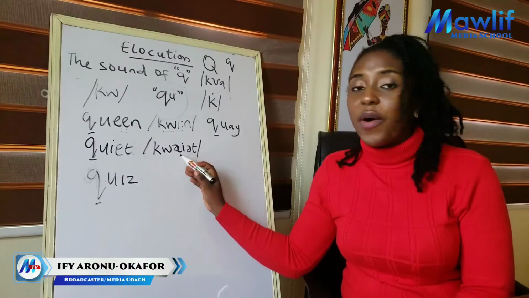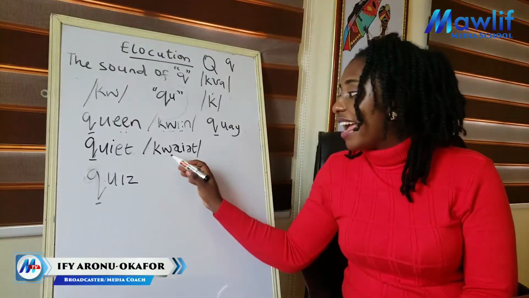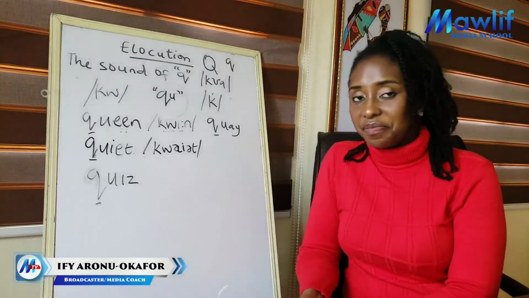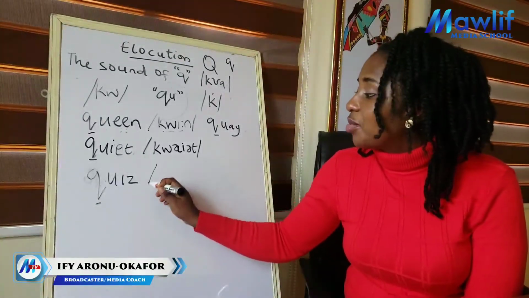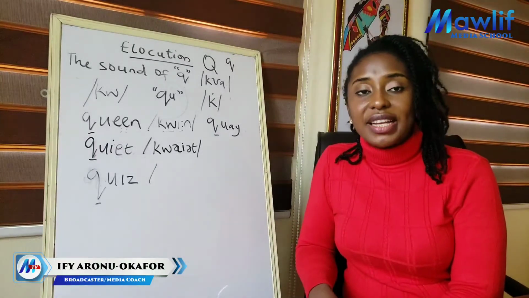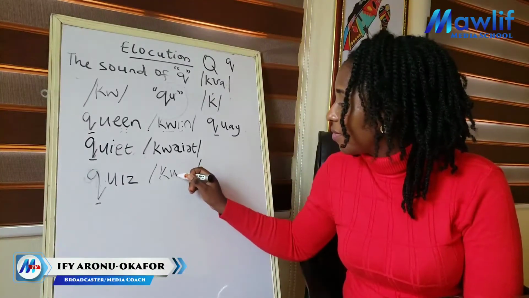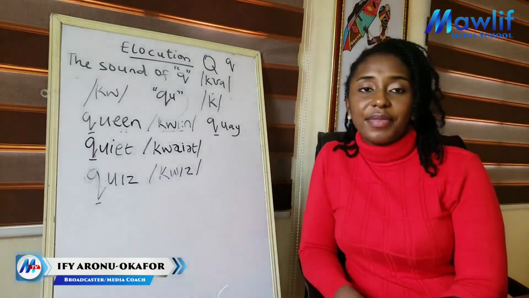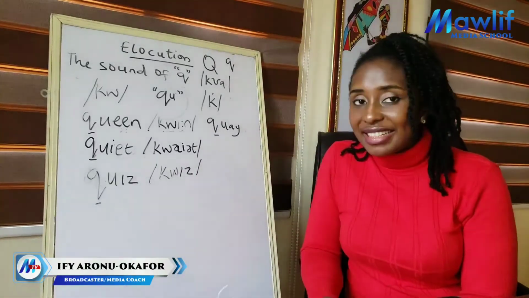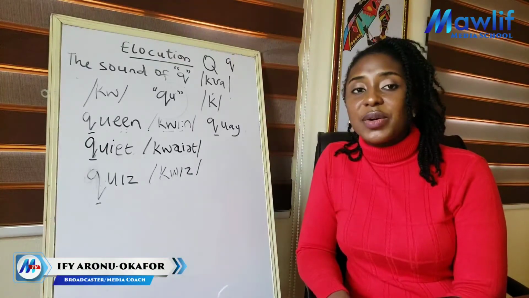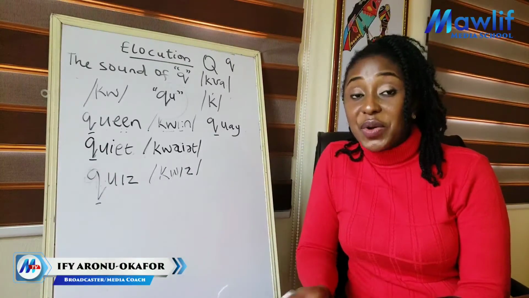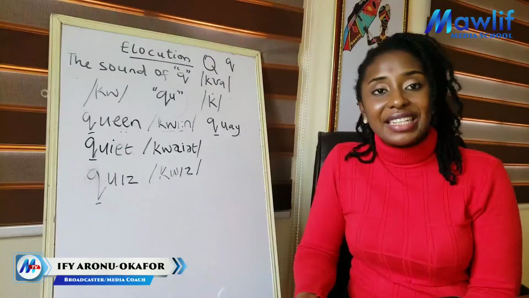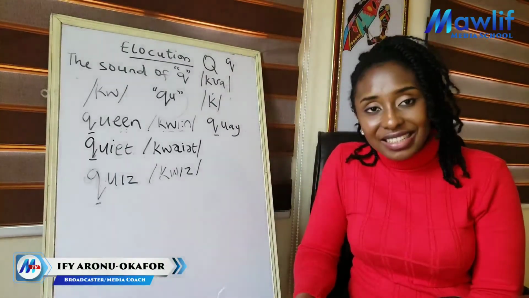This is diphthong I, qua, it, schwa, then t. Then we have as well quiz, and that's it. In these cases, the sound of Q is kui. So we have queen, quiet, quip, quiz.